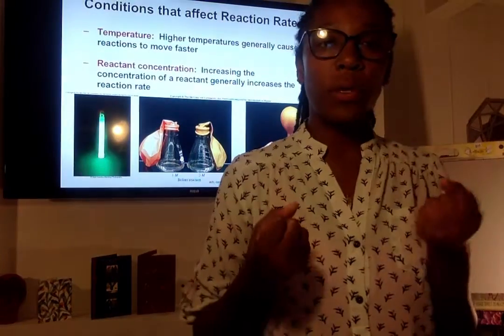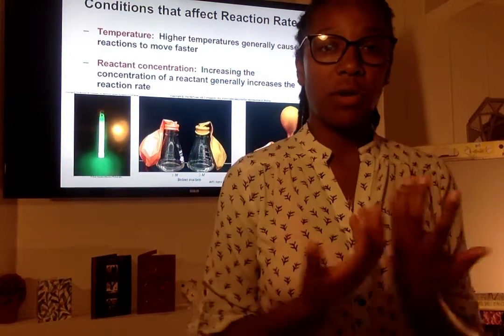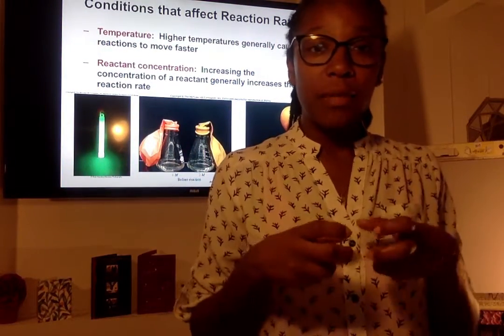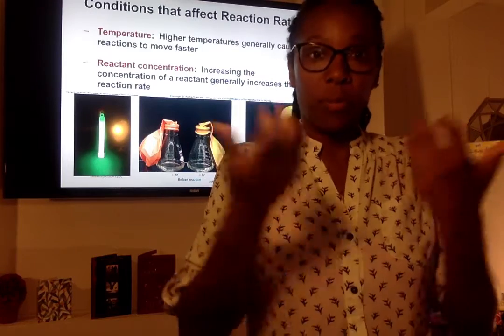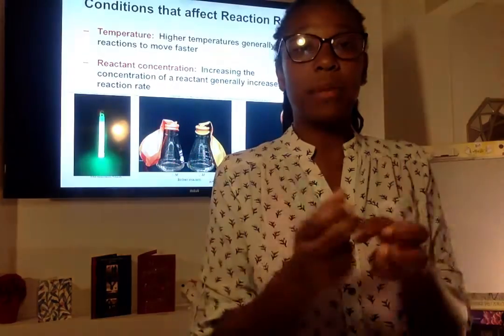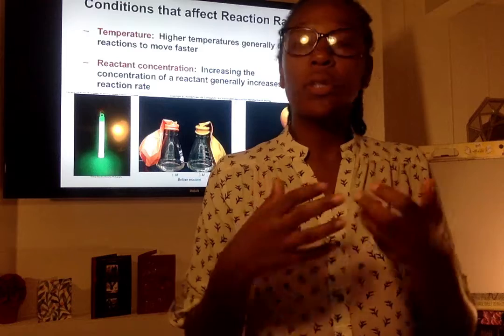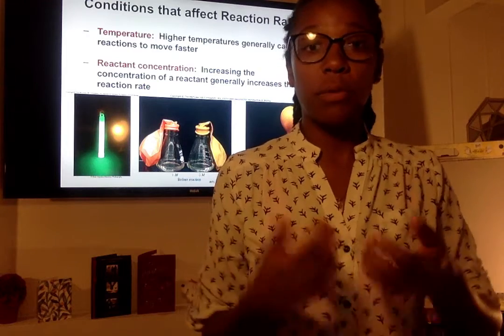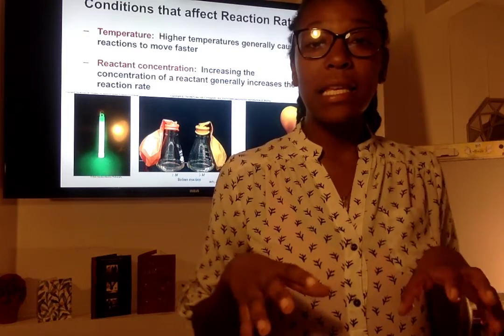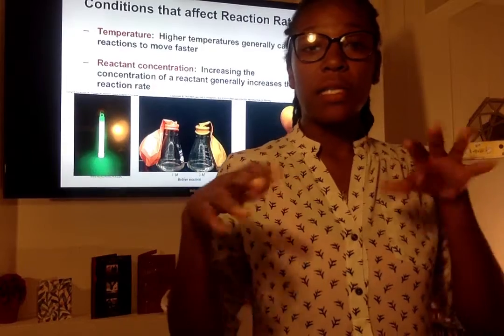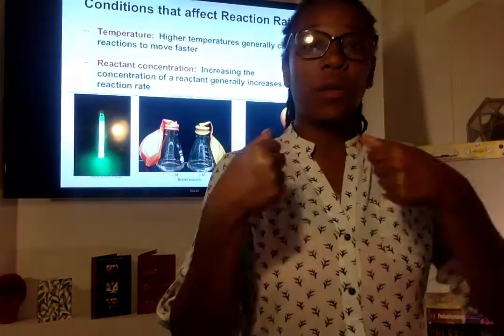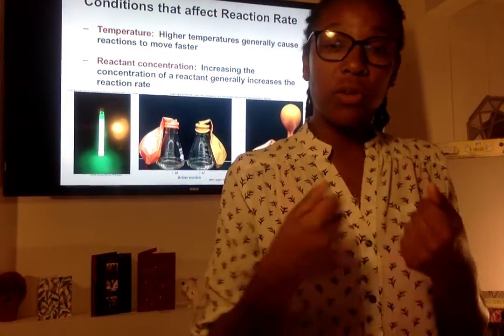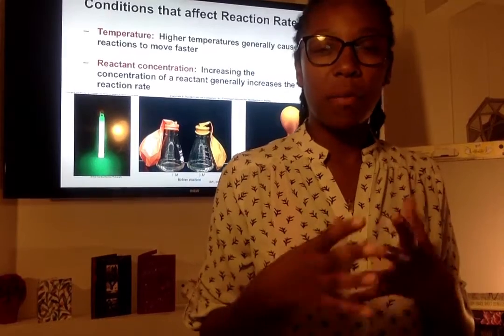If you're adding heat, what is that doing? That's going to possibly break those bonds, which is going to make it a lot easier for those new products to be formed. So if you're adding heat, that can break those bonds, and then that will create a quick reaction between the new products.